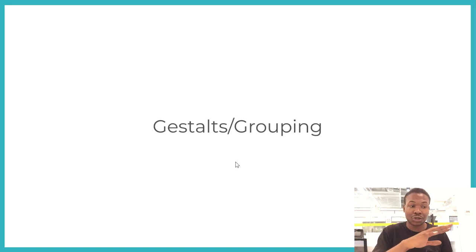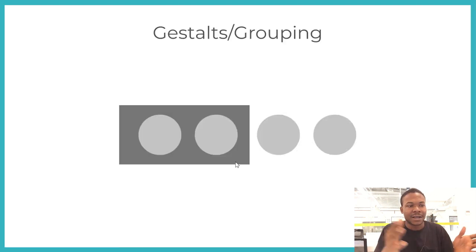So this is a big topic. I can't really go too much into it, but I created an example for you guys so you can have an idea of what I am talking about. This is a classic example: four circles, all the same size, but one of them has a background, and the other two don't.